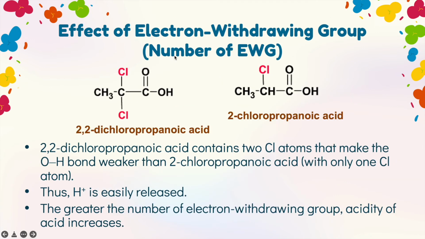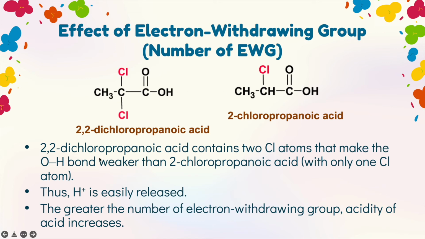Next, number of electron withdrawing groups. We are comparing between the compound that has 2 chlorine and the compound that has 1 chlorine, both carboxylic acids. Okay, the compound that has 2 chlorine is able to withdraw the electron more than 1 chlorine only.